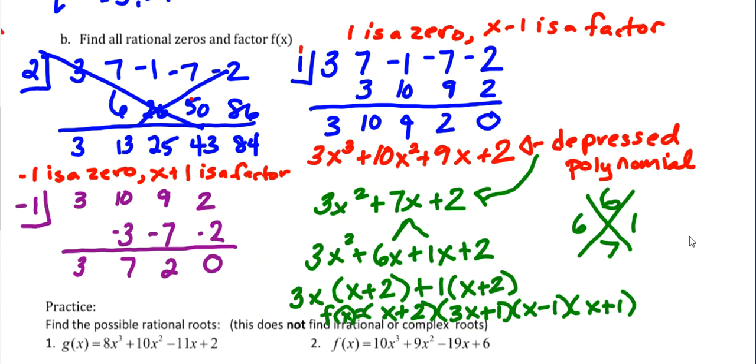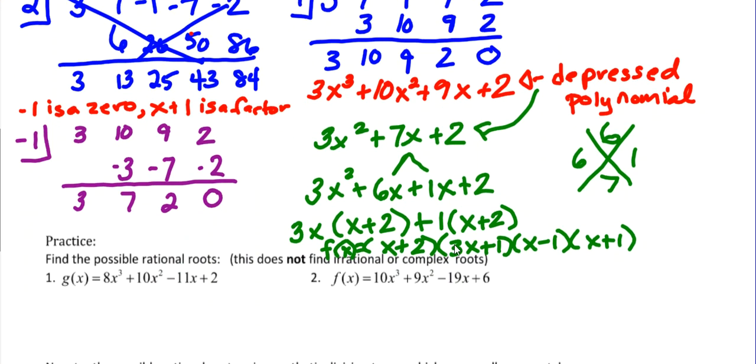And then if I want to find the zeros, let's see, maybe I can do that over there. The zeros. That's going to give me -2. That's going to give me +1. That's going to give me -1. And this last one, if you're not sure what that's going to give you, set it equal to 0 and find it. So you would have 3x plus 1 equals 0. 3x equals -1 and divide by 3.